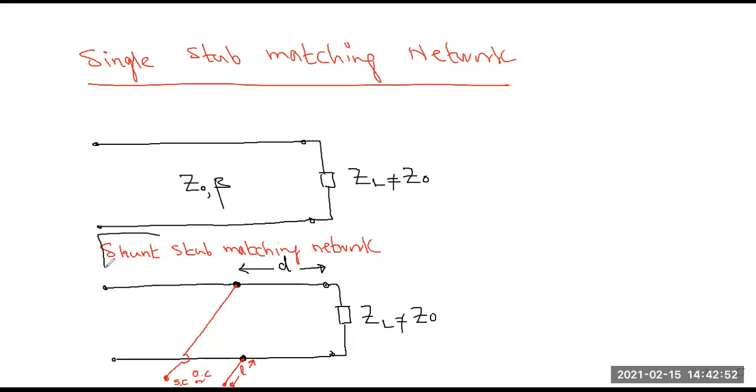So you already know that this shunt word is used for parallel connection. The other possibility is, let's assume that we have this load ZL not equal to Z naught.